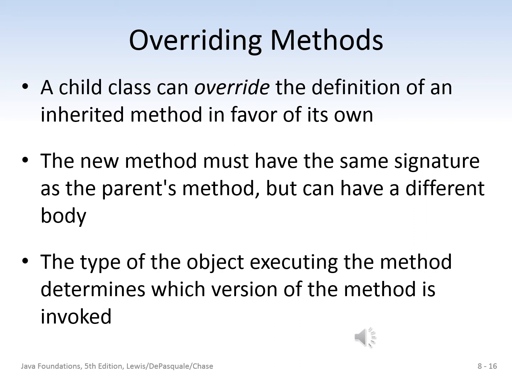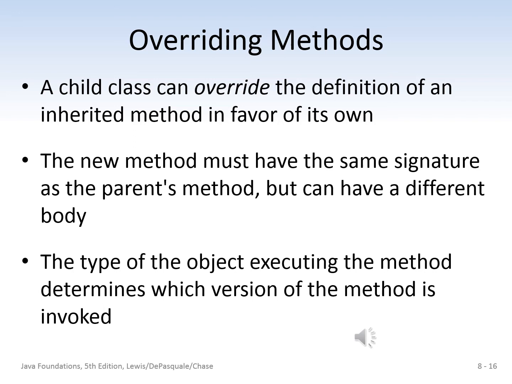A child class can override the definition of an inherited method in favor of its own. The new method, as declared in the child class, must have the same signature as the parent's method, but it will have, or most likely will have, a different body.